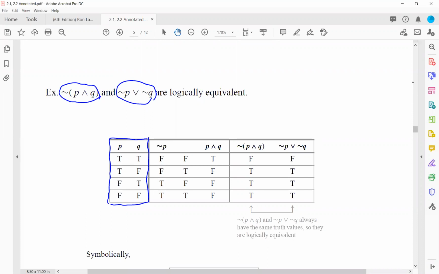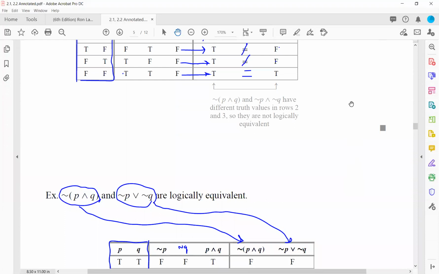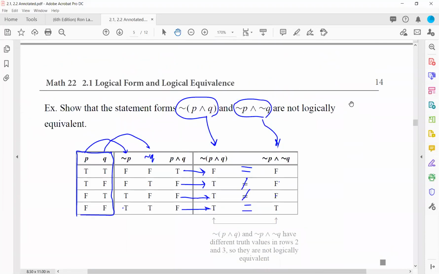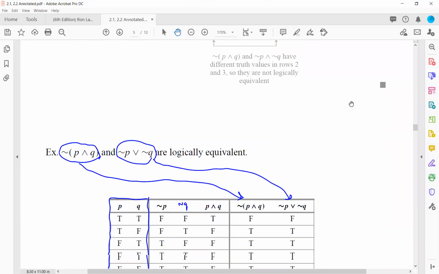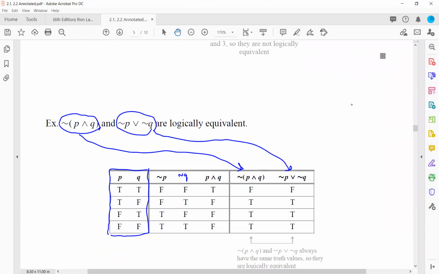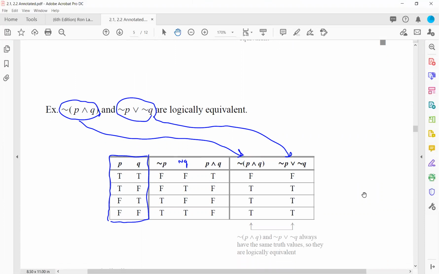Not P, not Q, P and Q, not (P and Q), so this guy is here, and not P or not Q. Guys, compare these two examples. In the previous example, the connector in between was and. In this example, I changed the connector into or.